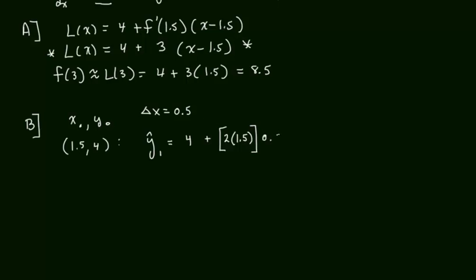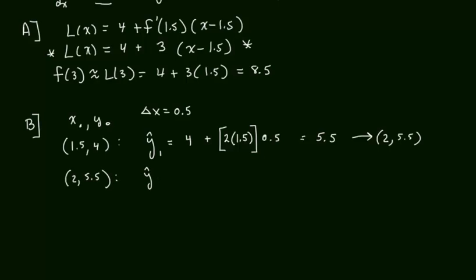So that gets tagged on the end. When I do the arithmetic, that comes out to be 5.5. So from the point 1.5, 4, following the tangent line, that will point out to the coordinate 2, 5.5, which is our next starting point, 2, 5.5.